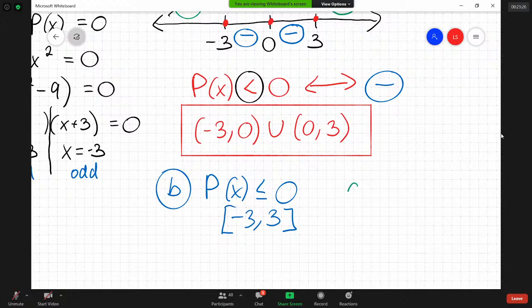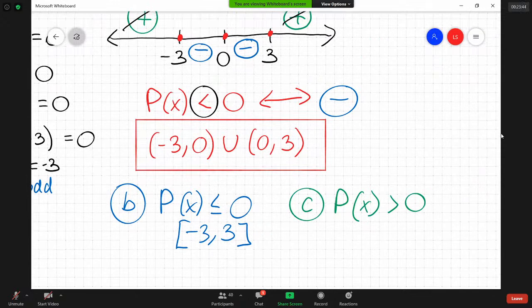Okay, but thank you. What if we look at part C of this? What if we wanted to consider P of x is greater than 0? What if that was the inequality?